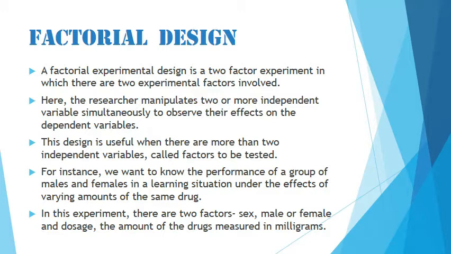The achievement scores of the two groups after they have taken a post-test are subjected to analysis of variance, which will reveal whether there is a significant difference between the learning capacity of males and that of females under the effects of varying amounts of the drug, and whether there is a significant difference between the scores of the whole group under the effects of the varying amounts of drug, and also the interaction between sex and drug, that is, if the two factors help each other.